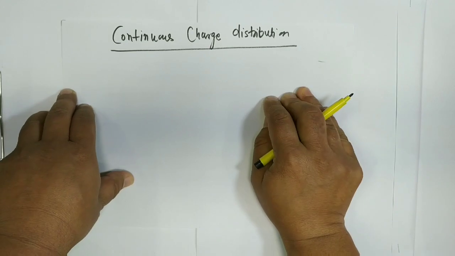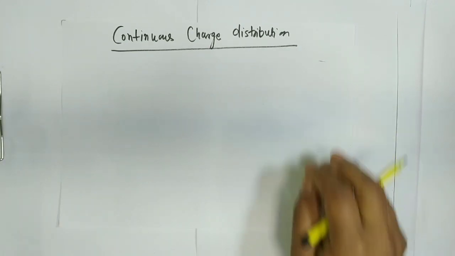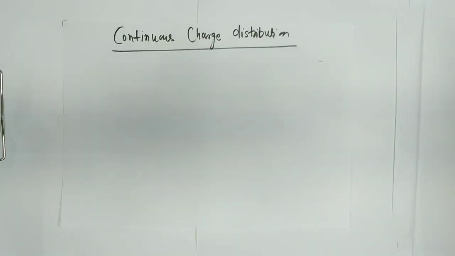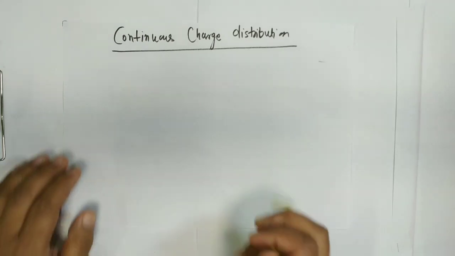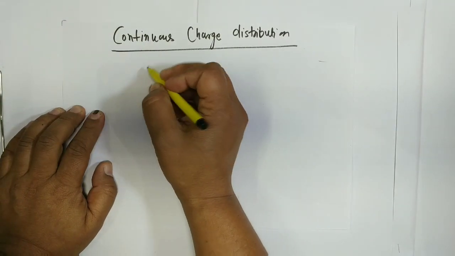If the charge magnitude is high and it is distributed over any body, then what will be the way of the charge distribution? Now, do you know that we ignore quantization when the magnitude is high? So, charge distribution is done in three ways.